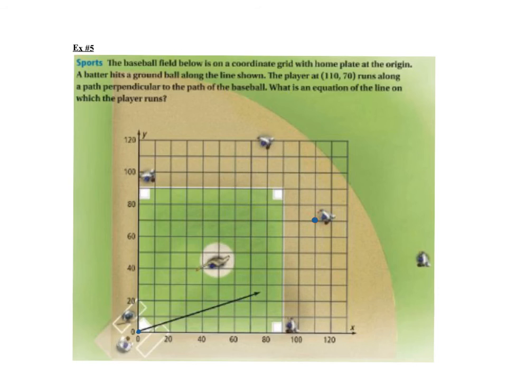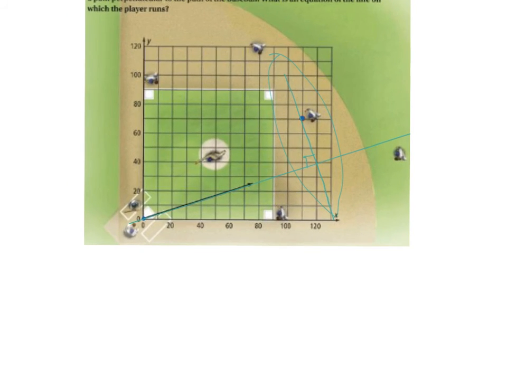So basically what they're saying is this line right here, let's see if I can extend this a little. Okay, this line is going to go perpendicular to a line this way. And we're trying to figure out what is the equation of this line that the player will run at. So we are going to take the slope of this first line.